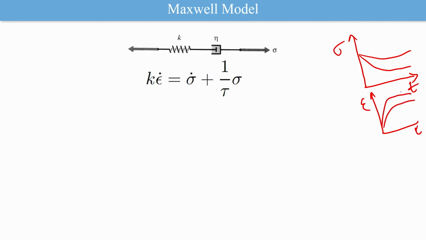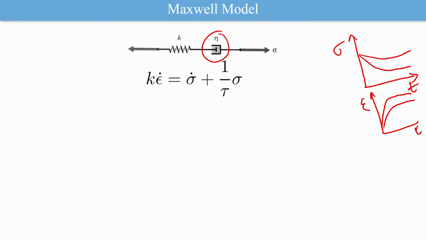This is explained by the presence of the dashpot. The dashpot is affected by the strain rate, and that is why the behavior of the material changes with time. That is why Maxwell proposed this model with a spring as well as a dashpot in series with each other.